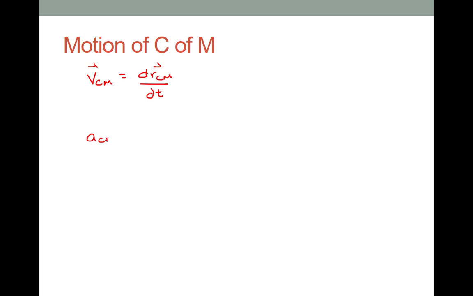And I can think about the acceleration as the derivative with respect to time of the velocity. So if I know how the position is changing, I can easily, by taking a couple of derivatives, find the velocity of the center of mass and the acceleration of the center of mass.